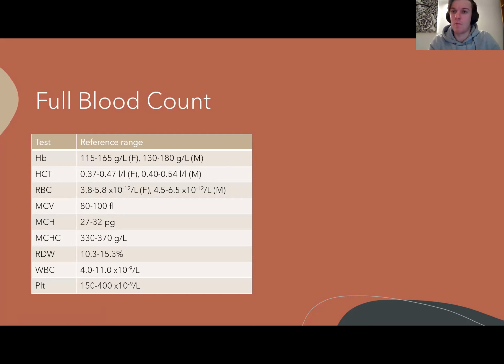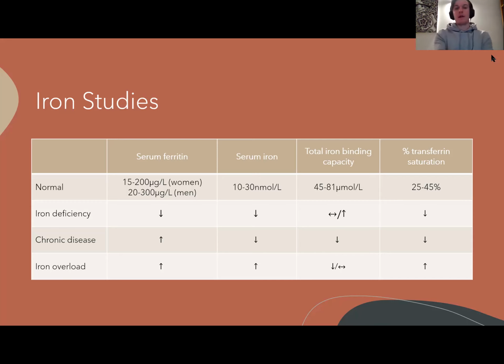So serum ferritin, as I mentioned, is the best way to tell if somebody's iron deficient. Most of your ferritin is stored intracellularly, but you get a small amount in your serum. It is the one that most closely correlates to your body's iron stores.